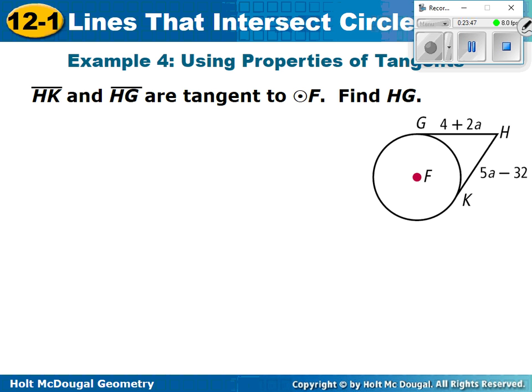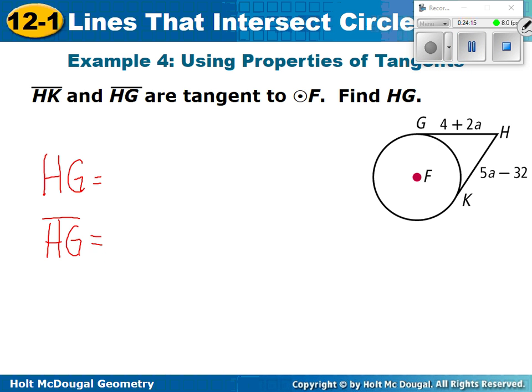Okay, I'm not giving you a lot of time, but I am seeing the same Chapter 1 mistake as I walk around the room. Be careful. In Chapter 1, for probably the first part of the semester, probably the first 2 or 3 months, I was constantly counting off for this mistake. When it says find HG, should my answer be HG with a line segment above it equals, or HG equals?